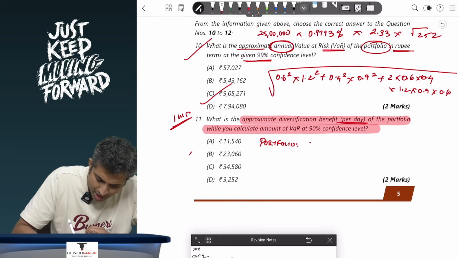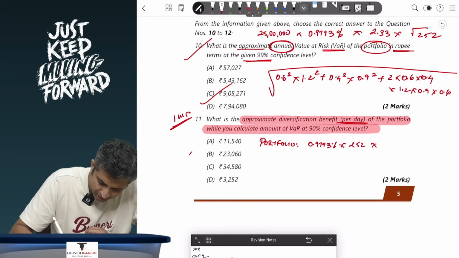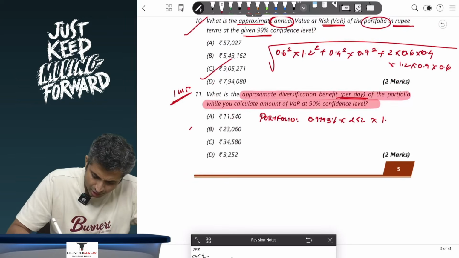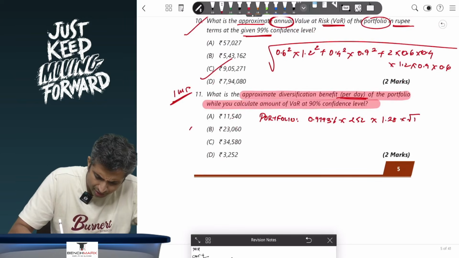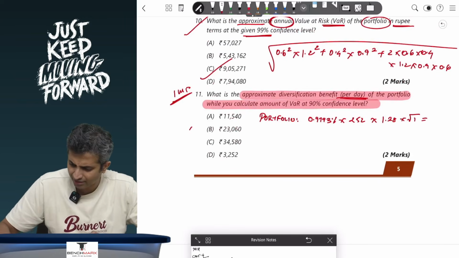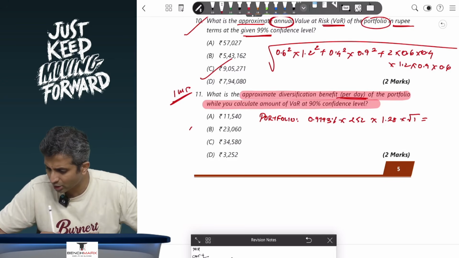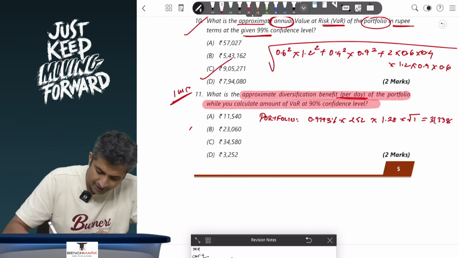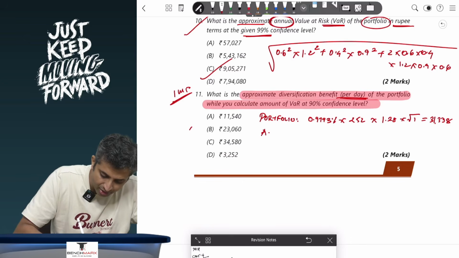So this will be 0.9793% into 25 lakhs into 1.28 into the root of 1. So this will give you how much? Well, 25 lakhs into 0.9793% into 1.28 will come to around 31,338.